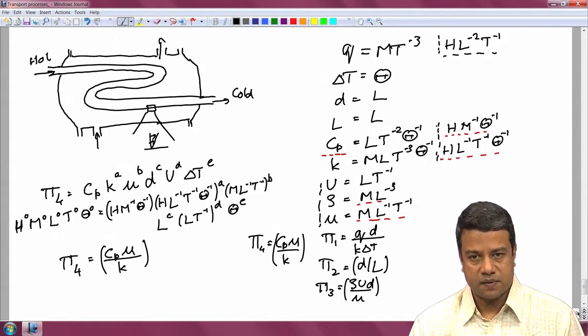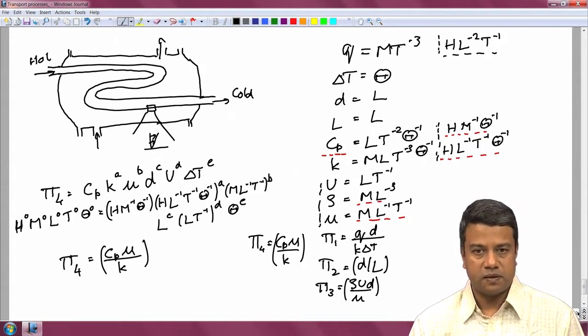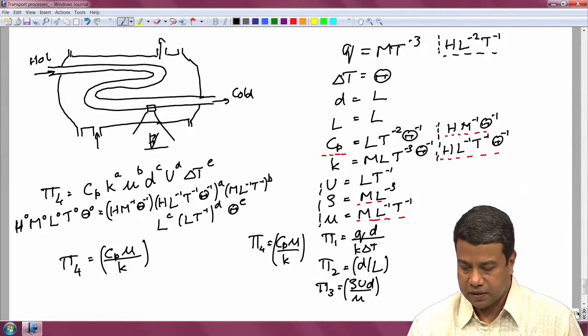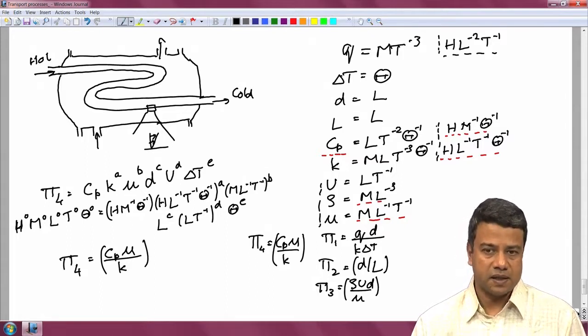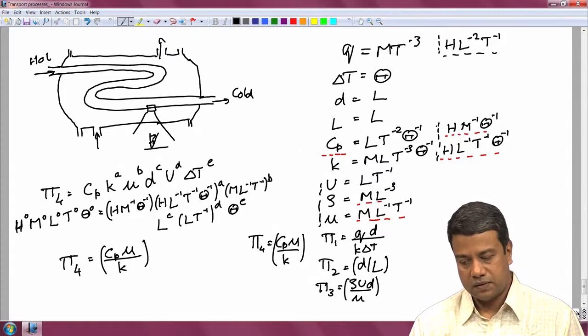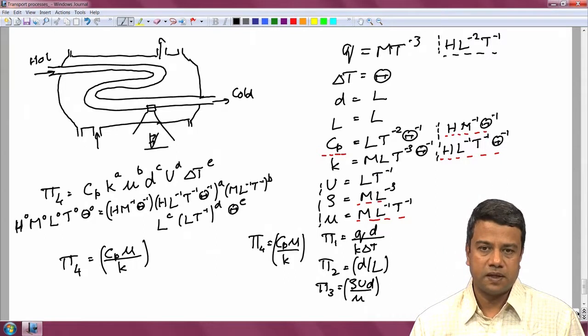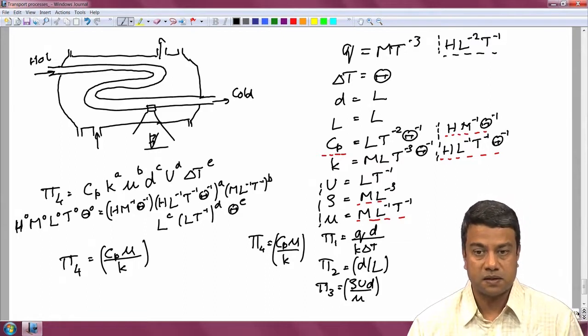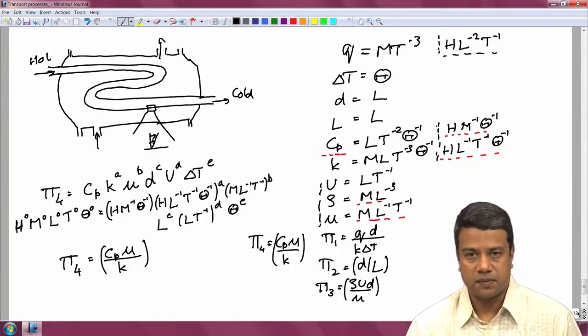However, in this case we had made a simplification. We had said that there is no interconversion between thermal energy and mechanical energy. And when there is no interconversion between thermal and mechanical energy, we can consider the thermal energy to be a separate dimension in itself and express all the thermal quantities in terms of this thermal energy.